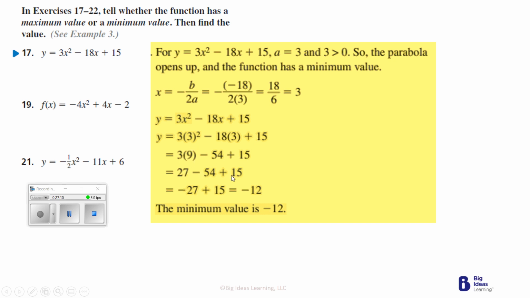The negative 54 and the positive 15 come on down. And 27 minus 54 is going to give me negative 27. And plus 15 comes down. And negative 27 plus 15 is negative 12. So the minimum value is negative 12.